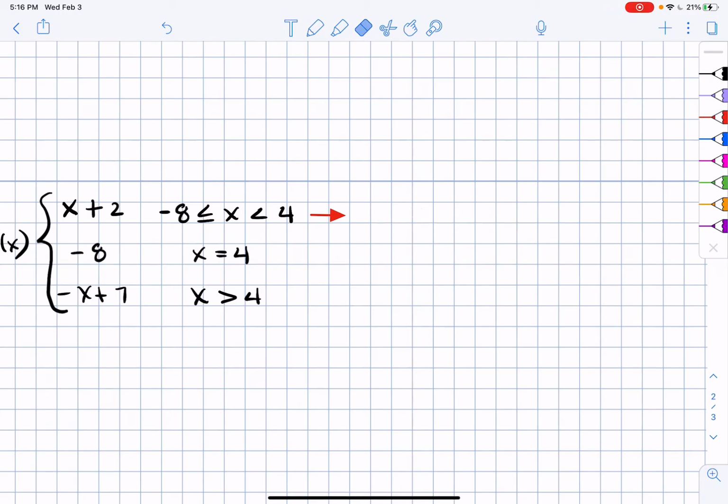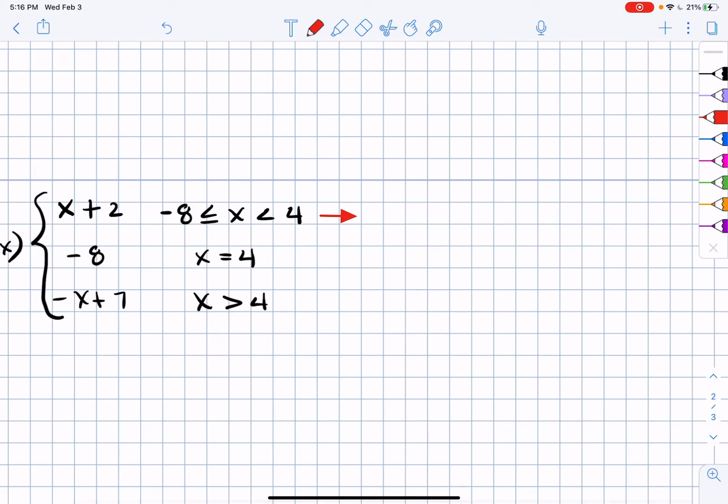All right, so if I was to read the first one, when x is equal to 8, include 8, meaning a closed circle, right?